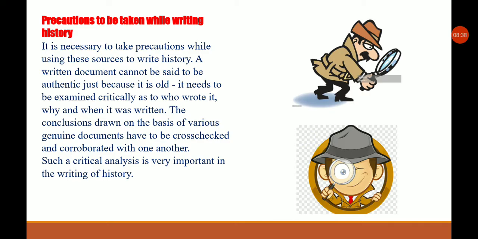It needs to be examined critically as to who wrote it, why, and when it was written. The conclusions drawn on the basis of various genuine documents have to be cross checked and corroborated with one another. Such a critical analysis is very important in the writing of history.